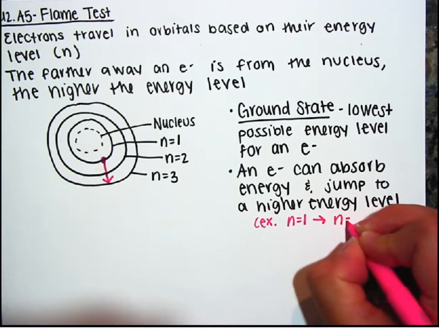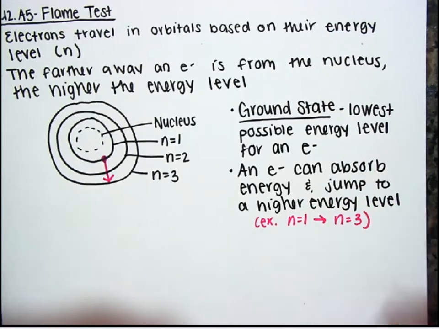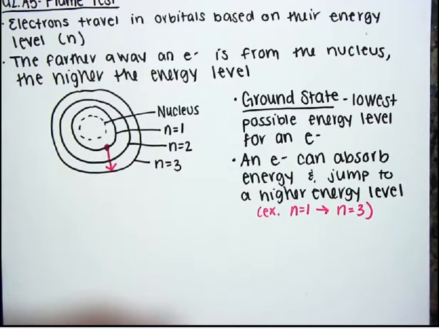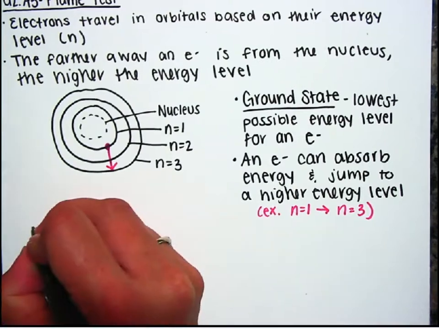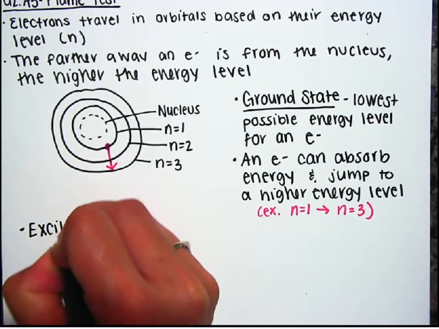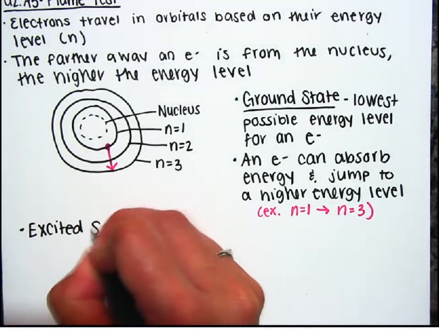So an example of an electron absorbing energy would be my electron jumping from the first energy level up to the third energy level. Well, now it's no longer in its ground state. Now it's in what we call the excited state.